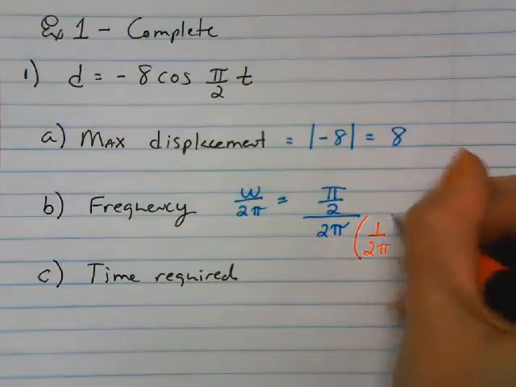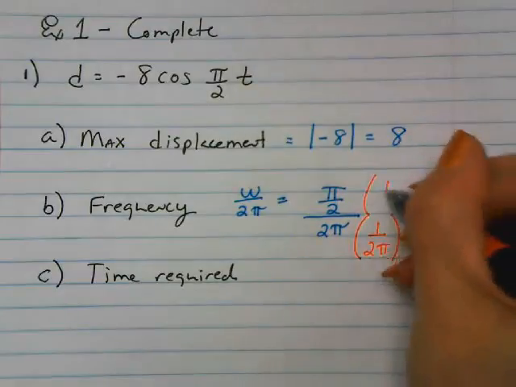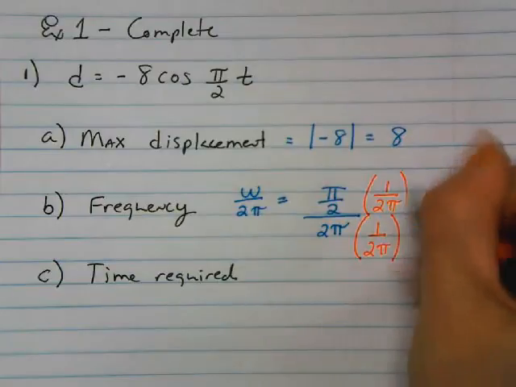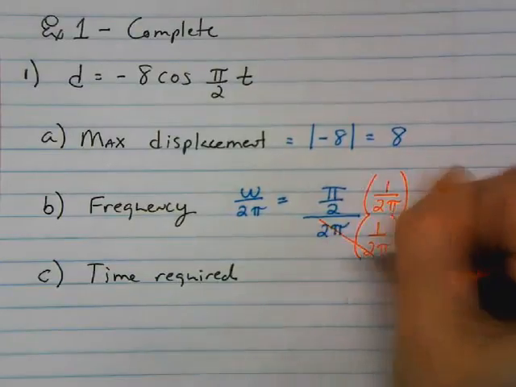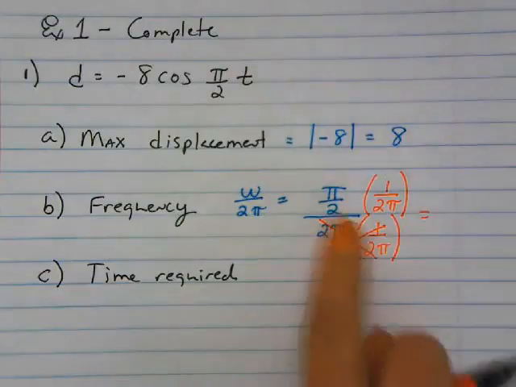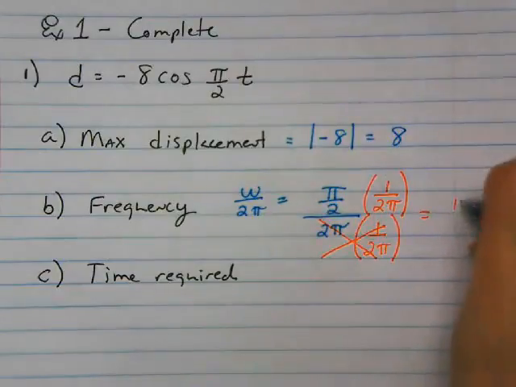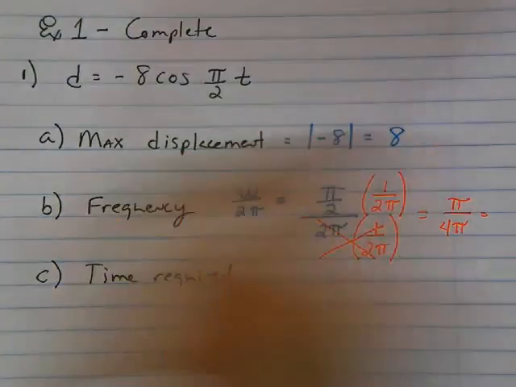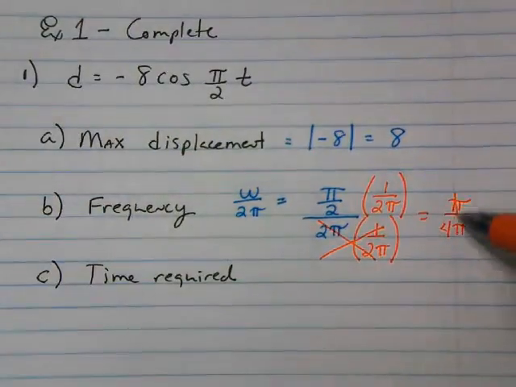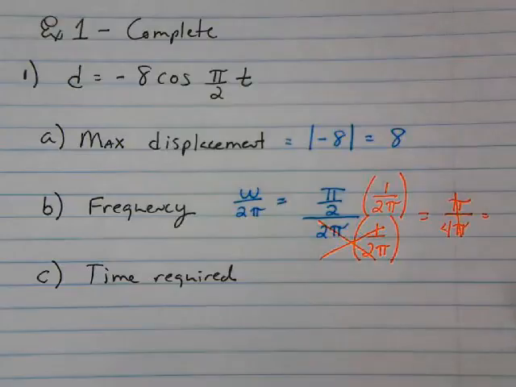So I'm going to multiply both top and bottom by 1 over 2 pi. So now this goes away, and in the numerator I get pi over 4 pi, and what happens? These pi's cancel. Now be careful, what is left in my numerator? 1/4.